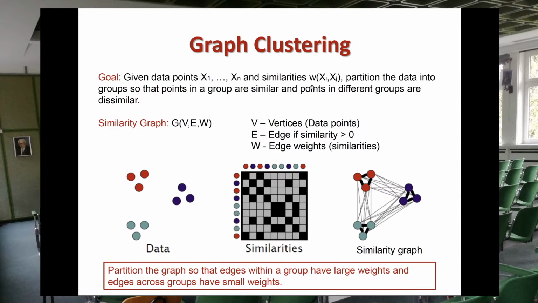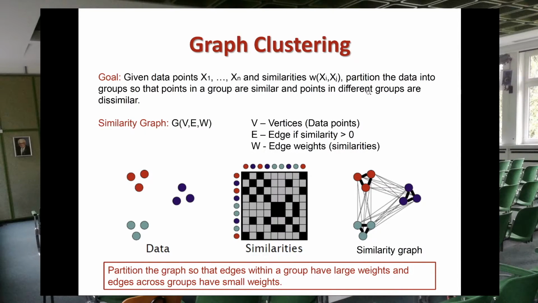Here we are going to consider this similarity between 2 points as W. And of course, this similarity should be symmetric. So the W of xi, xj should be the same as the W of xj, xi.